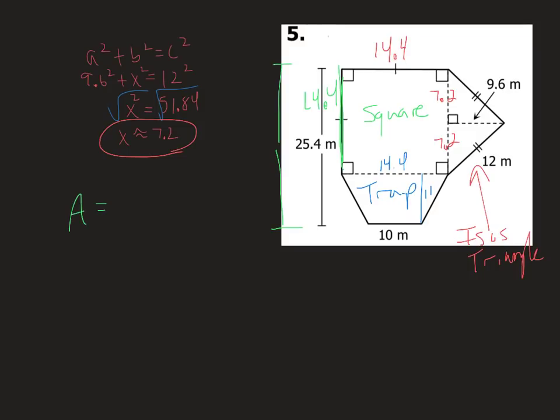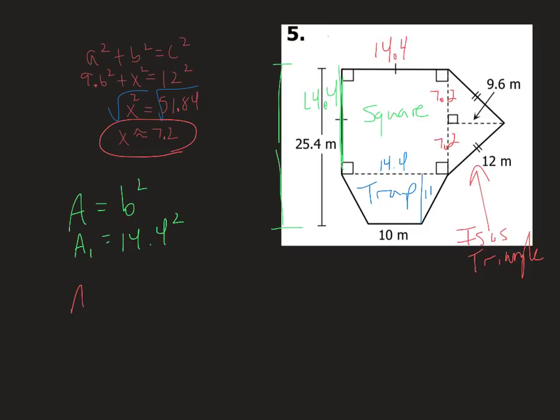First, the area of a square is side squared or base squared, so that's going to be 14.4 squared. Okay, that's our area of the square, area sub 1.